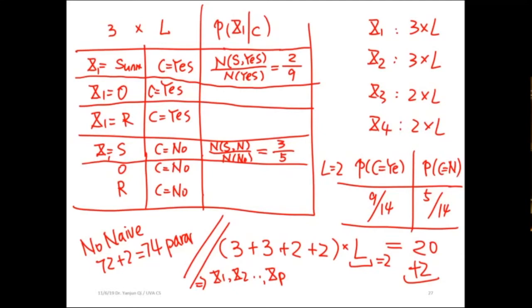So in total, this gives me 2p, right? And then times L, because for each class you need to have that conditioned on each possible class. So this gives me 2pL. And this is versus 2 to the p times L in the non-naive case, right?